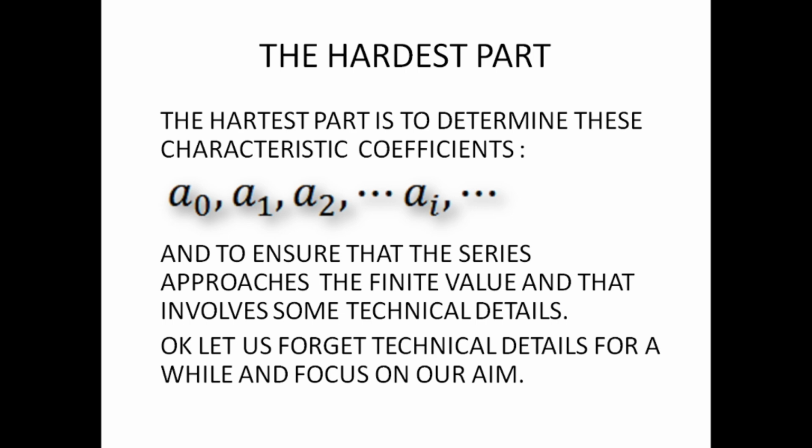We should also ensure that with these coefficients the series approaches a finite value, and there are convergence tests, many of them discovered by Cauchy. Okay, that involves some technical details. We shall see them in future. Okay, let us forget technical details for a while and focus on our aim.